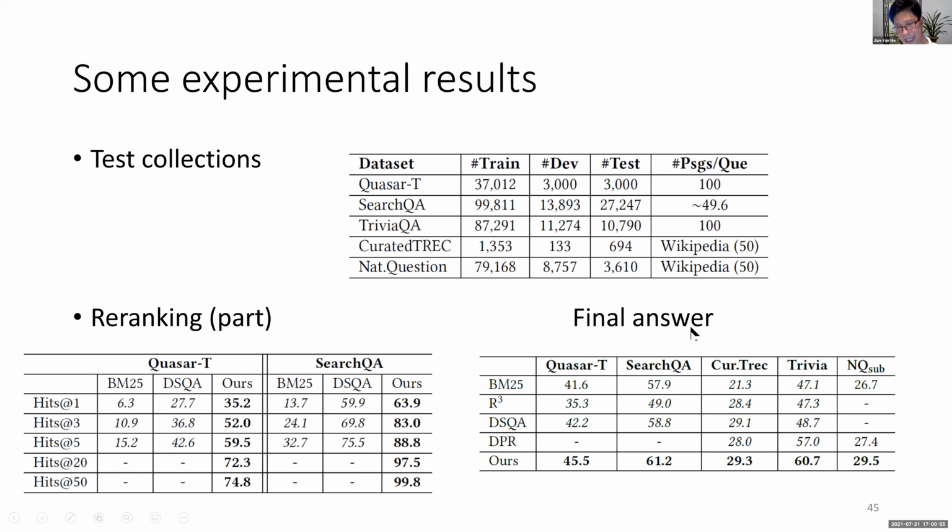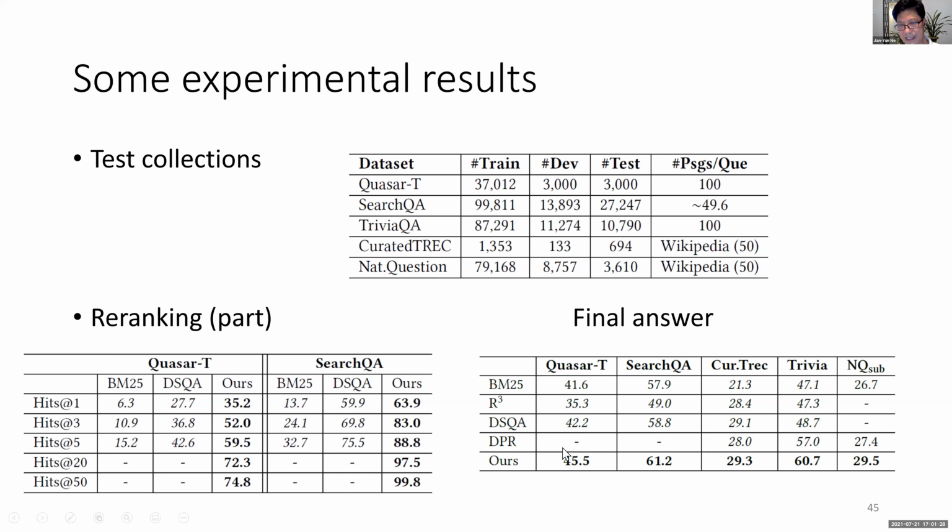Now, about the final answer, that is, once we apply the reader to select the answer, how accurate is the selection of the final answer? So we have different options: using BM25 and then directly applying the reader, or using DSQA and applying a reader, or DPR, dense passage retrieval, which is a recent model integrating the passage retrieval and the reading.